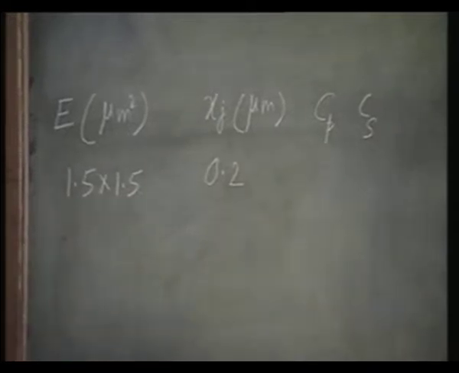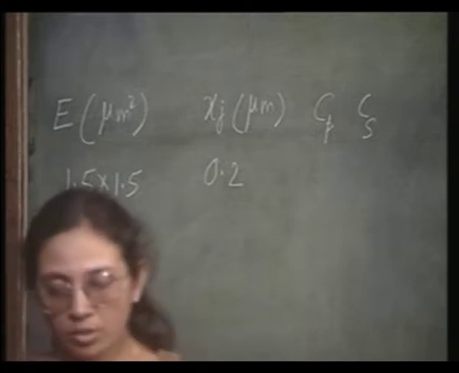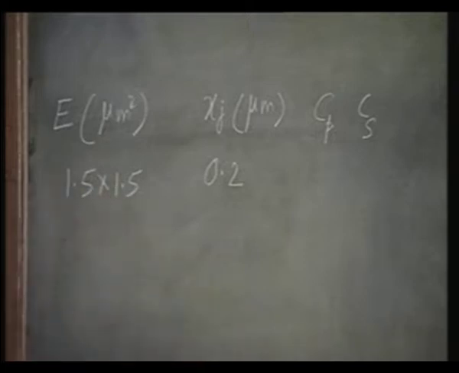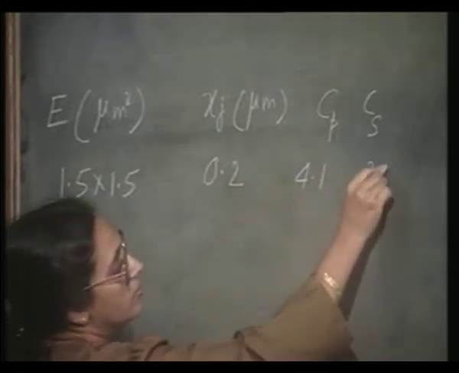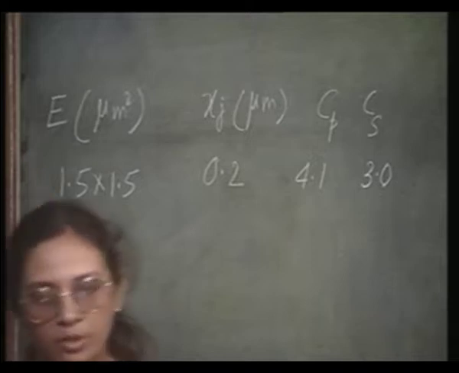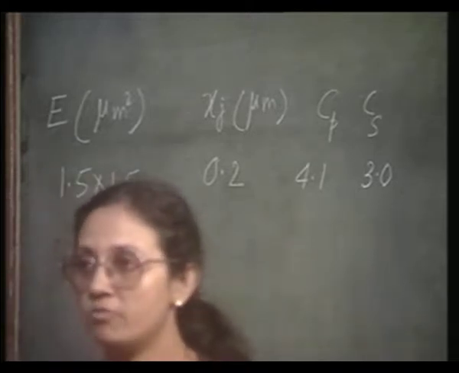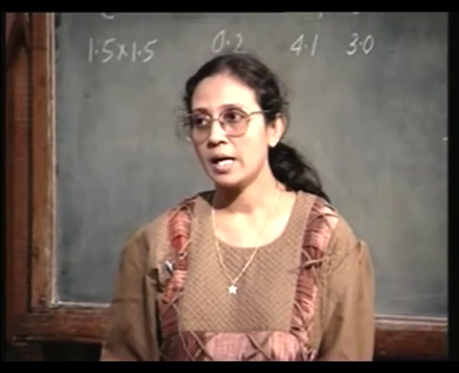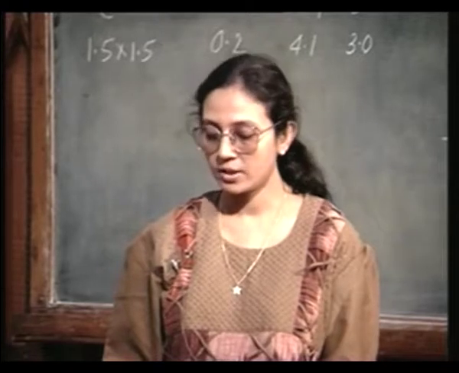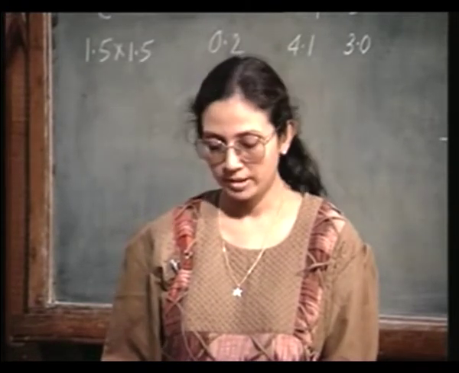Then C planar is 4.1 and this is 3.0, in femtofarads, 10 power minus 15 farads. One is 4.1 femtofarad and Cs, that is the sidewall or the peripheral capacitance, is 3 femtofarad.